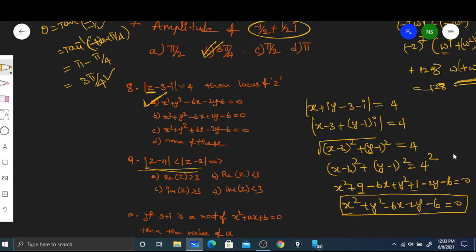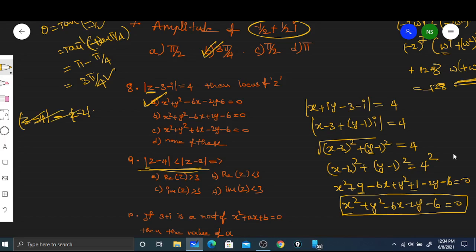So this one, if we simplify this, again using the same method, modulus of z minus 4 is less than modulus of z minus 2.